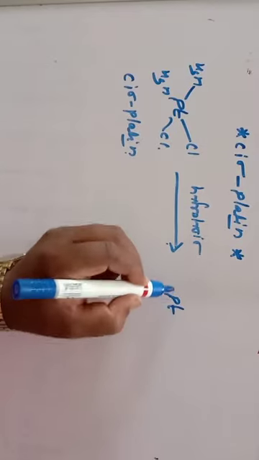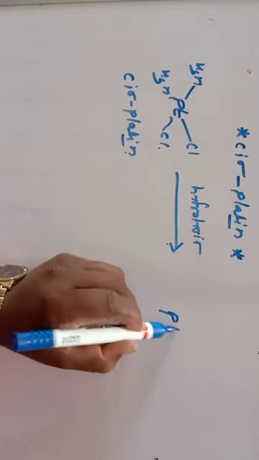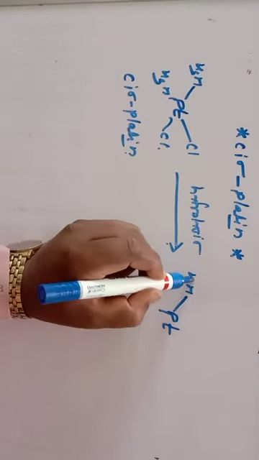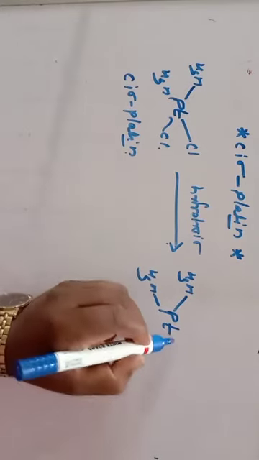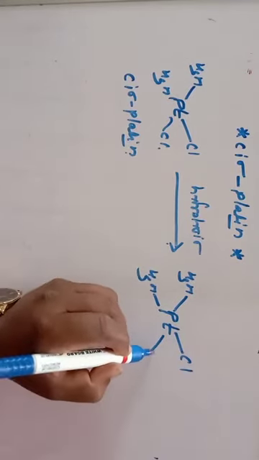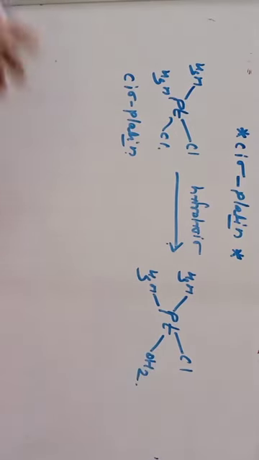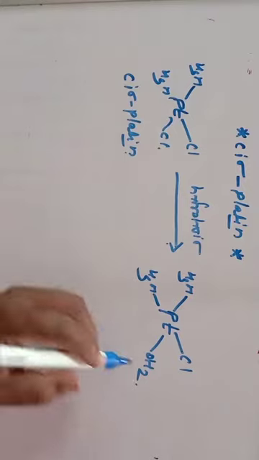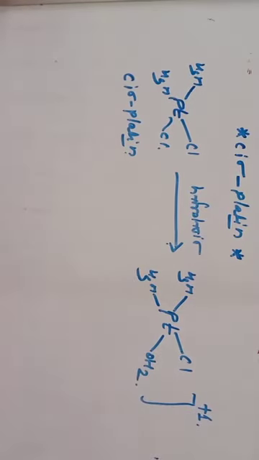So here we get Pt with NH3, NH3, Cl, and one of the Cl ligands is replaced by the water molecule, OH2. The complex should have a plus one charge.